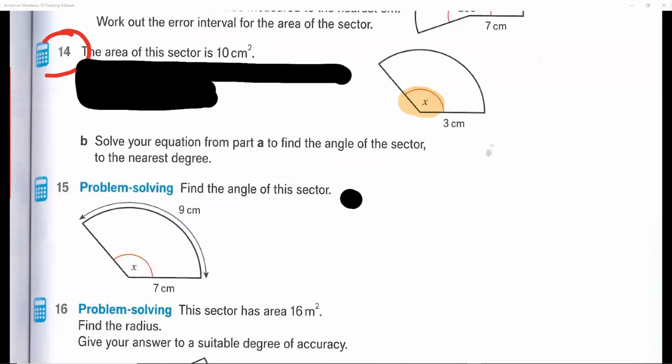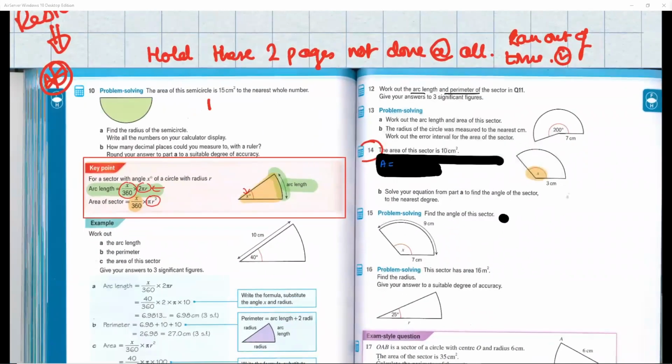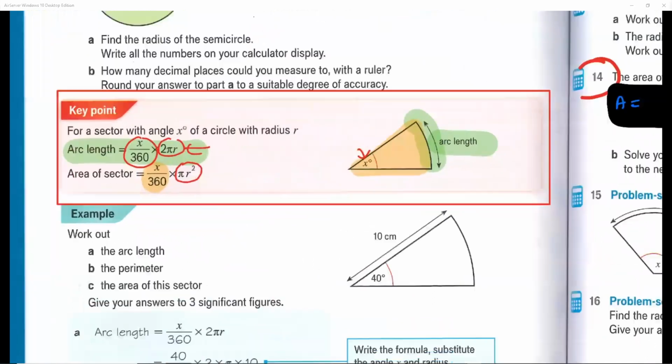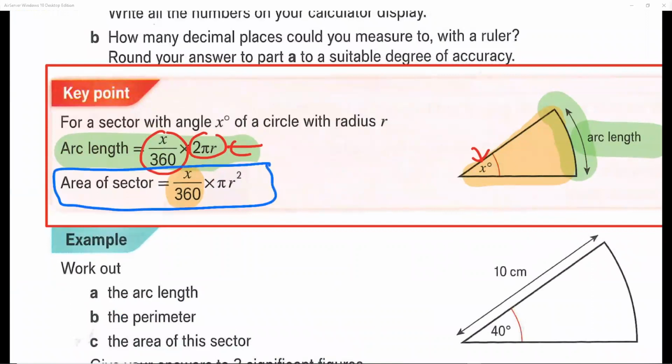So what formula do you know for the area of a sector? Give me the formula. Okay, how do we work out the area of a sector?